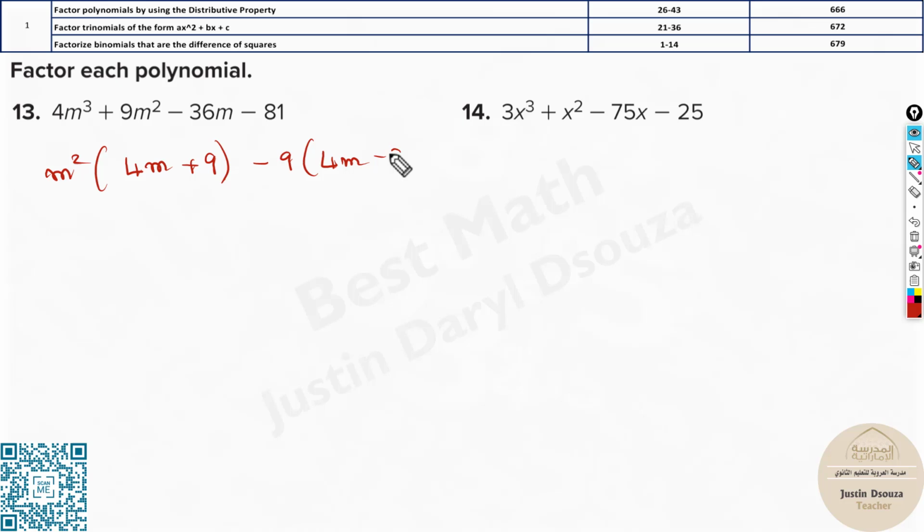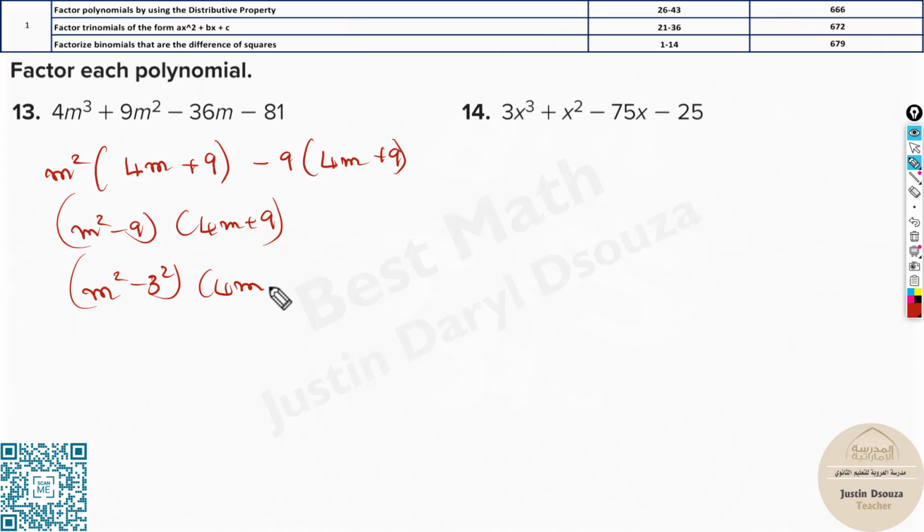It'll be 4m plus 9 because minus is outside. And we have m squared minus 9, 4m plus 9. And here we have m squared minus 3 squared and 4m plus 9. Here we get m plus 3, m minus 3. And we have 4m plus 9.